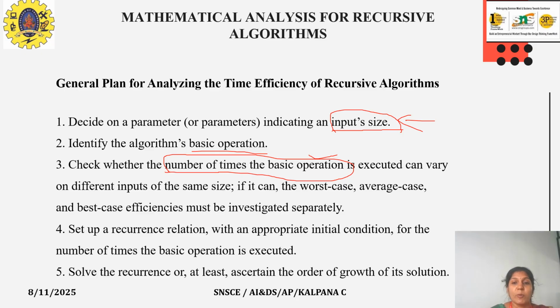Based on these things, we have to derive a recurrence relation with the appropriate base condition, initial condition. And next we need to solve the recurrence relation in order to find the growth of the algorithm. So these are the 5 steps we need to concentrate on when we frame a recurrence relation for recursive algorithms.